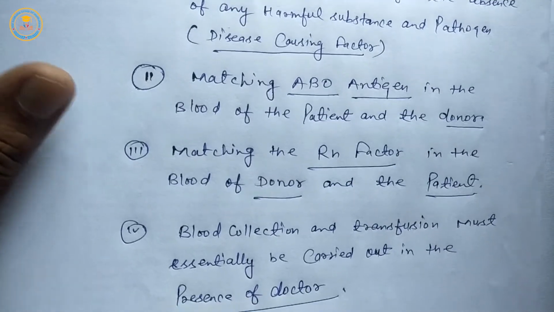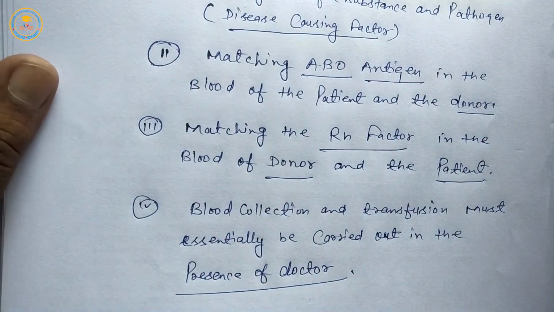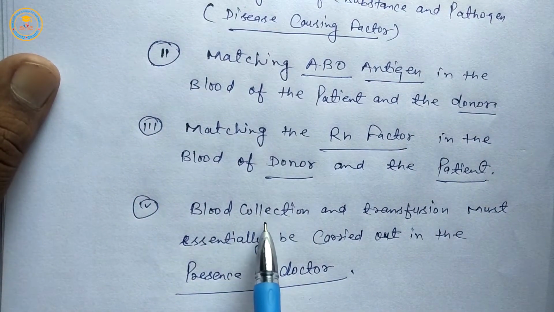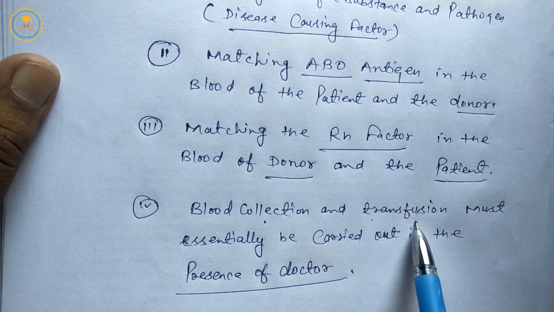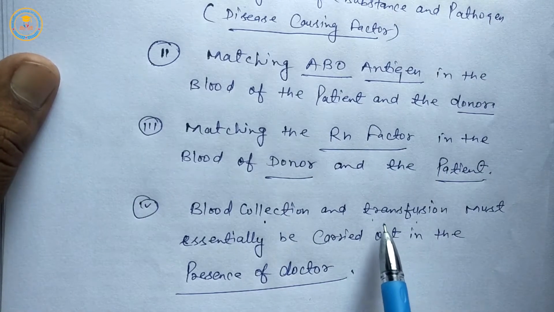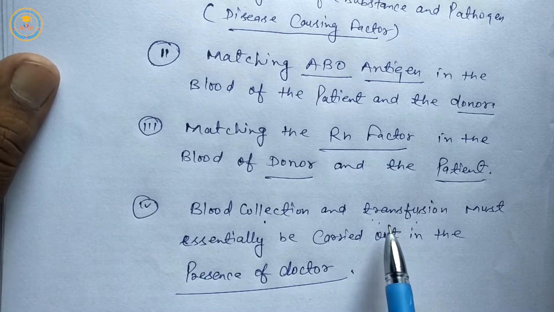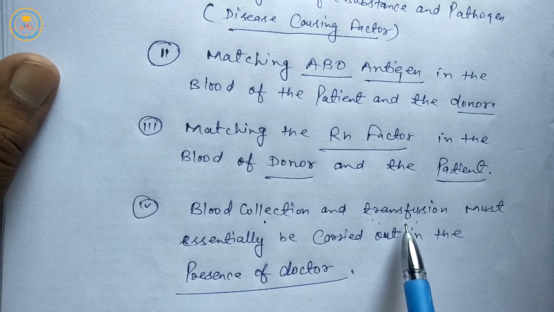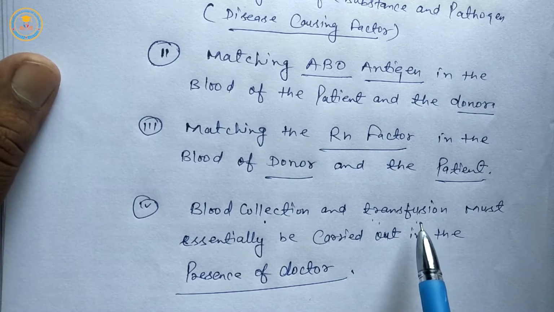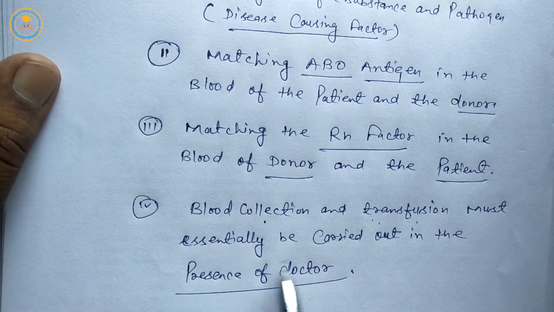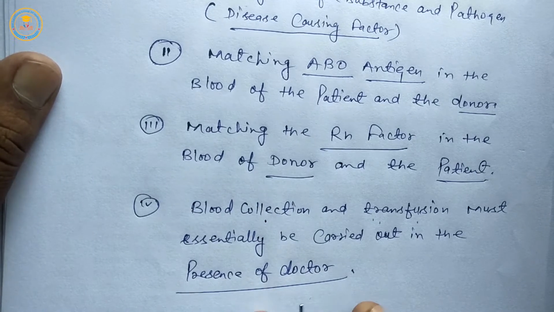Once again, fourth precaution is blood collection. It is a step of blood transfusion, and transfusion means blood transfer from one person to another person. It means donor to patient, donor to recipient, must essentially be carried out in the presence of a doctor.